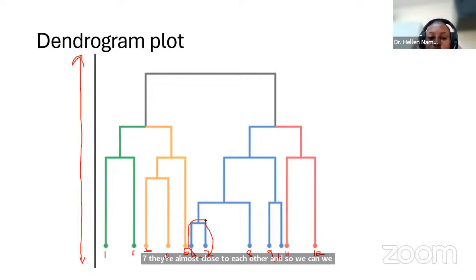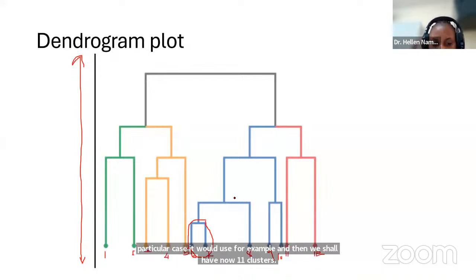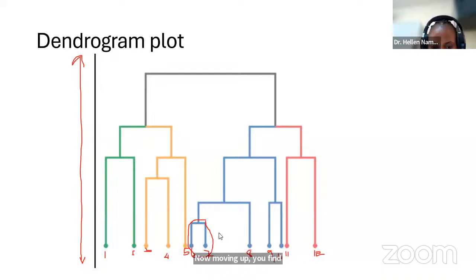Instead of having 6 and 7, it becomes only one cluster, and so we shall now have 11 clusters. Now moving up, you find that this cluster here has been joined again by another cluster based on this particular point.